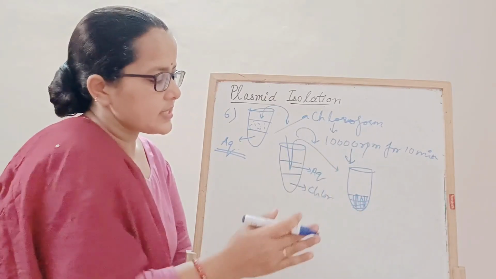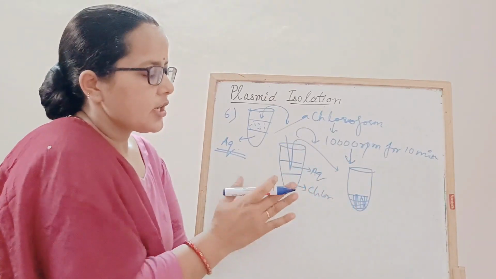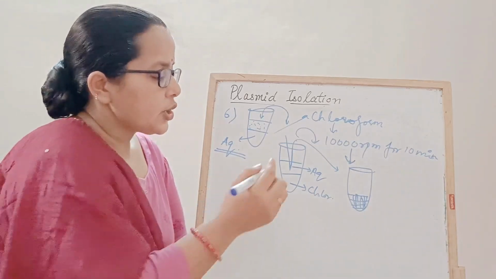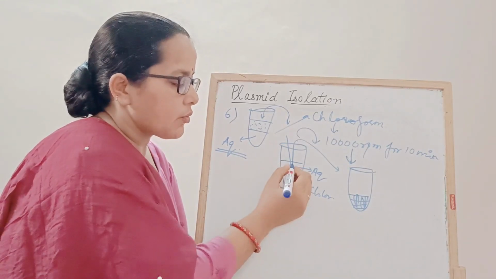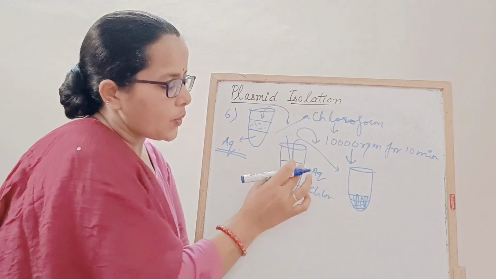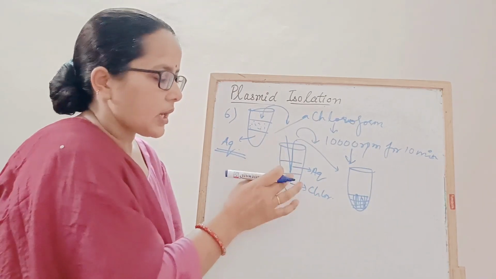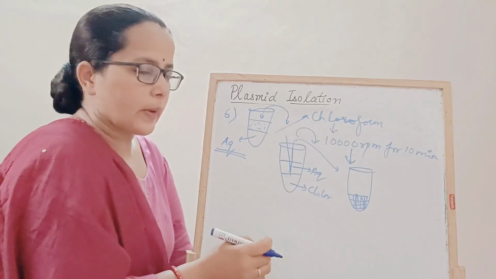While transferring this aqueous phase, just remember not to go very far down to the interface between the aqueous and organic phase. Otherwise chloroform will come out along with your aqueous phase.